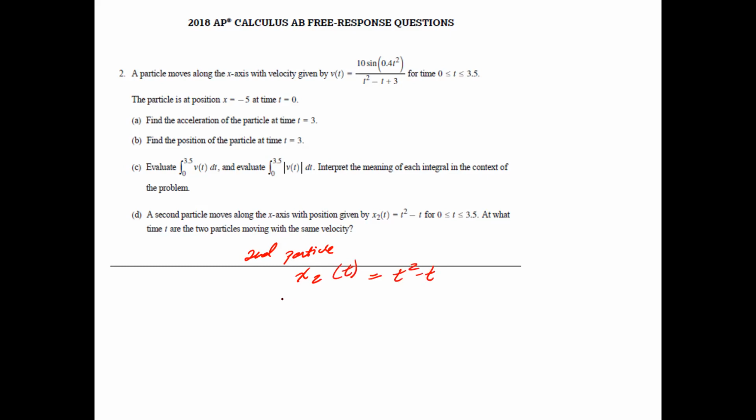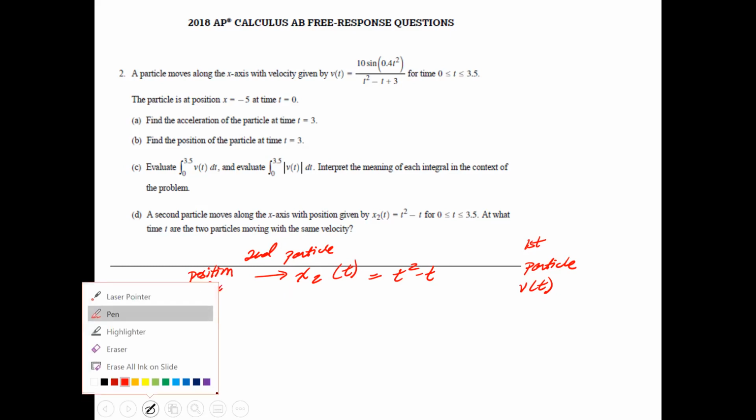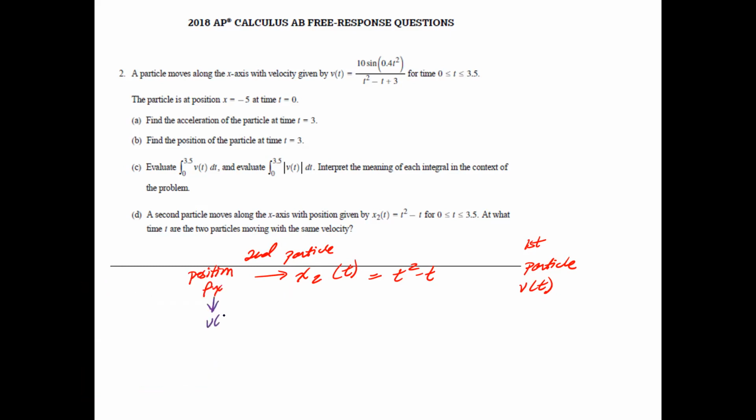Your first particle is given to you as a v of t, so velocity. This right here is a position function, so you need to convert it to velocity, which means you would have to find the first derivative of that. So the first derivative is 2t minus 1.